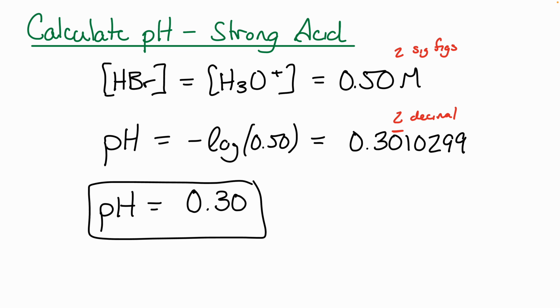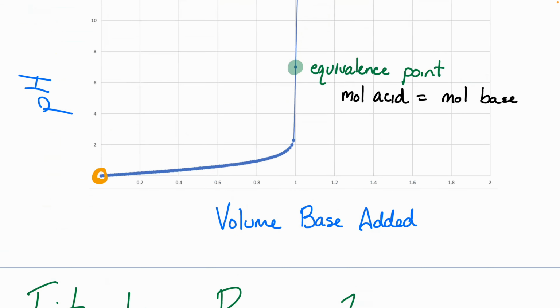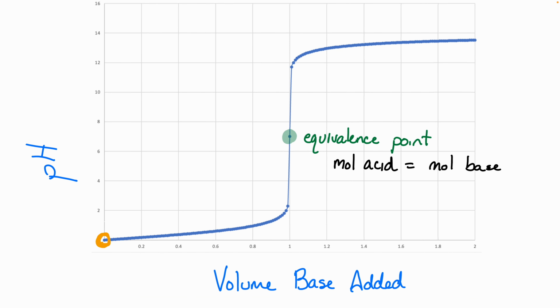We haven't even started our titration yet. So now let's look here. Now we want to deal with this middle region right here, after that very first data point but before we've reached our equivalence point. When we're starting out, our flask is 100% acid at that first data point.